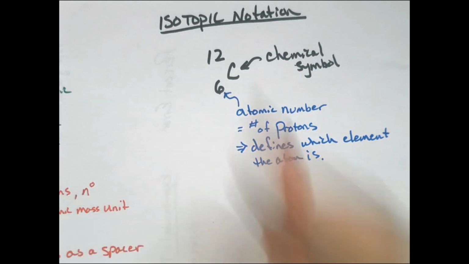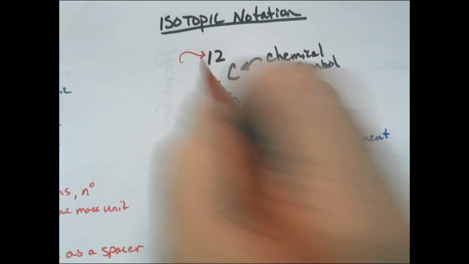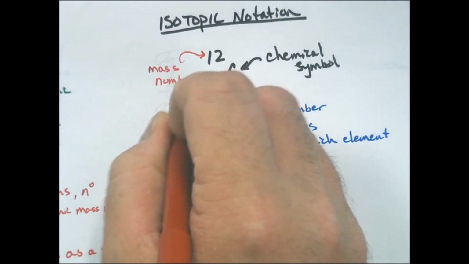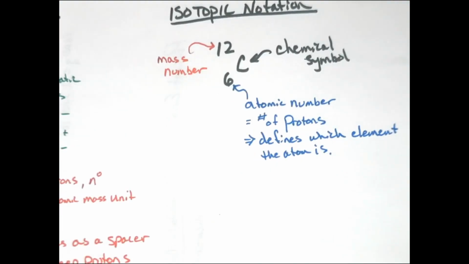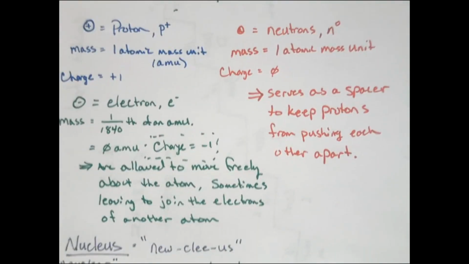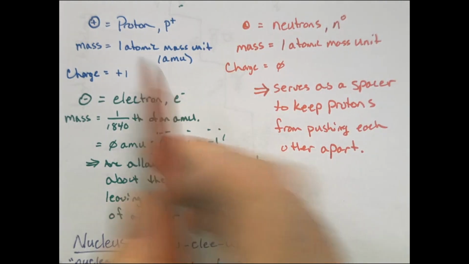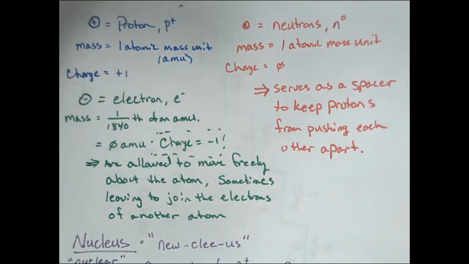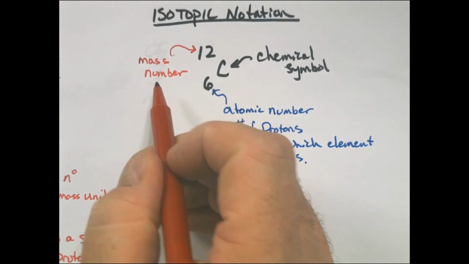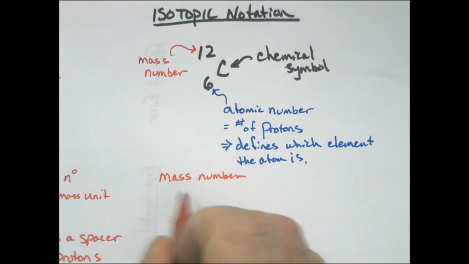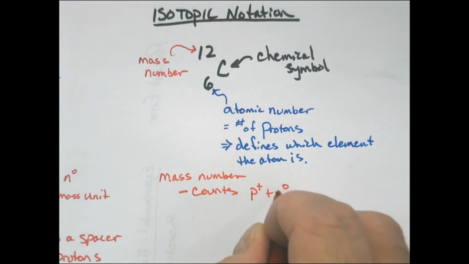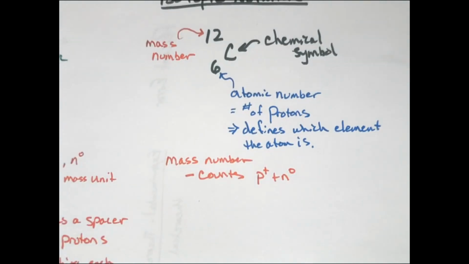This is not to be confused with this one up here, which is called the mass number. Now, if we go back and look at our protons, neutrons, and electrons, 2 of our particles have mass, the protons and the neutrons. And so the mass number counts how many protons and neutrons. It counts our protons plus our neutrons.